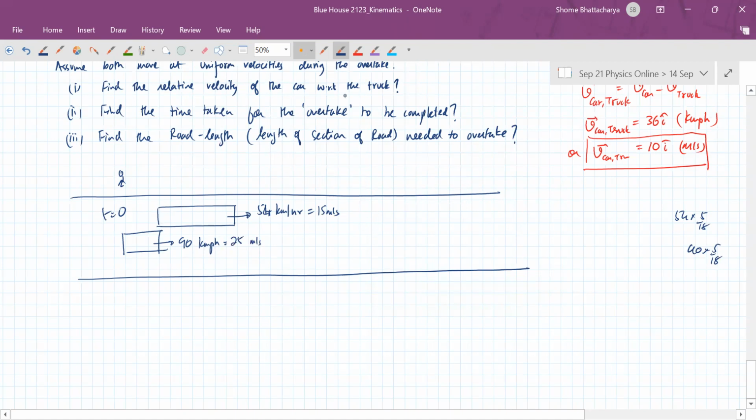Now, at whatever time the overtake is complete, the situation should look like this.